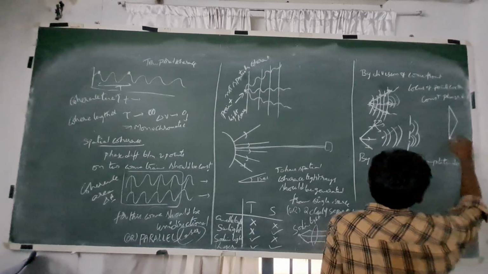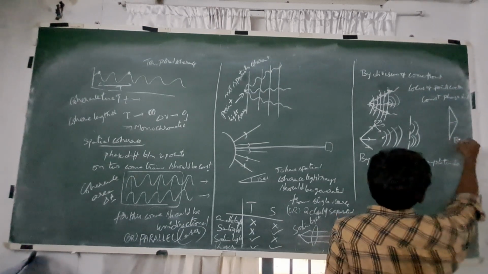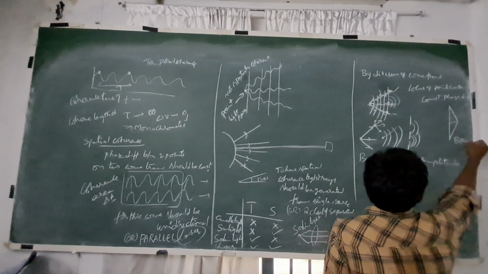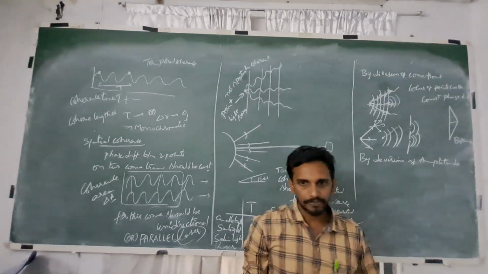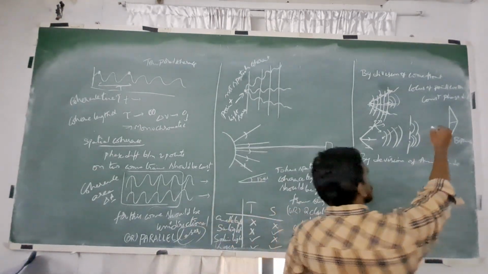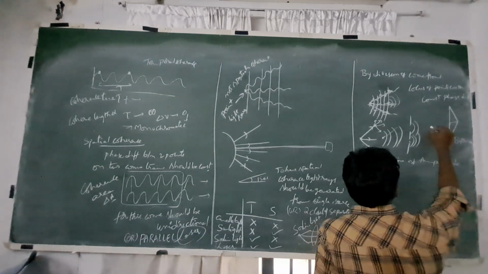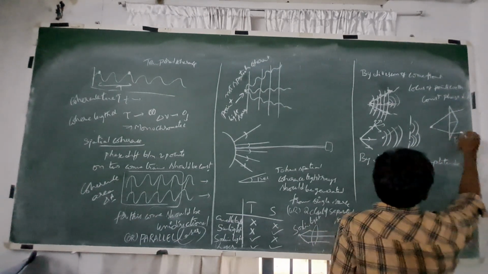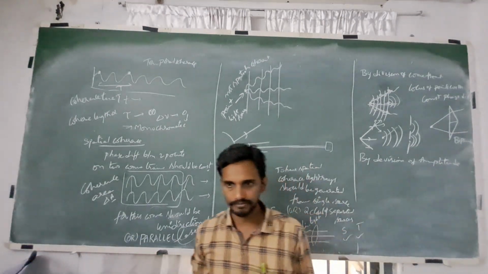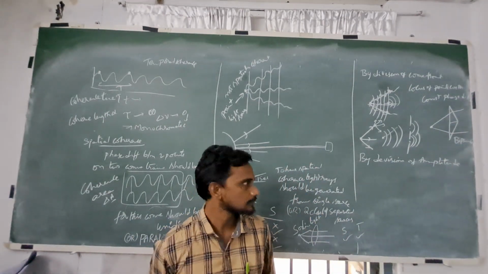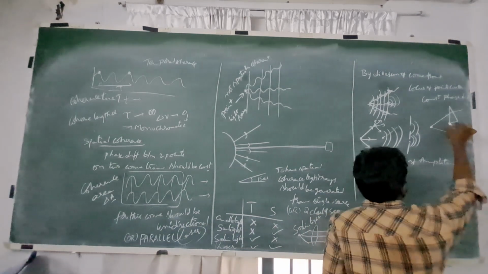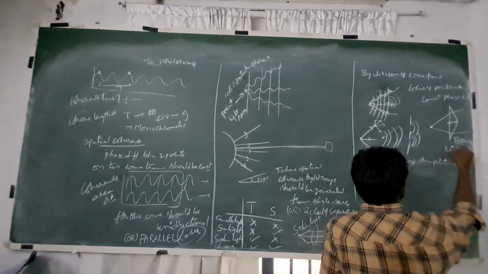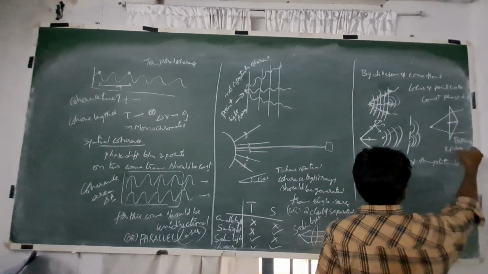We call it a biprism, where light rays from a single source fall on 2 prisms connected base to base. So biprism is 2 prisms connected base to base.